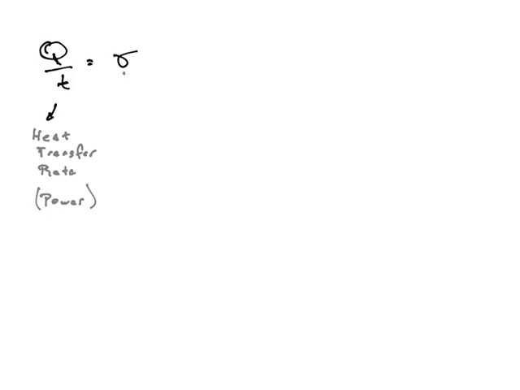Now this number is a constant, and it is called the Stefan Boltzmann constant. And it's just a number that has to be plugged into this equation because of the units we've chosen.